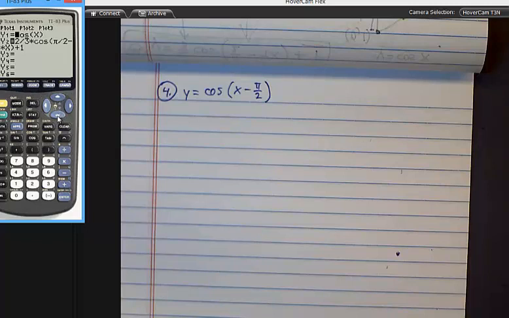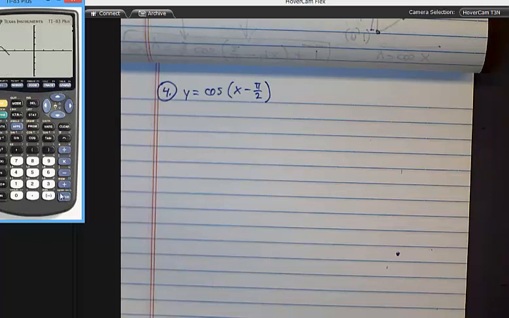There's y equals cosine of x. Let me just type in cosine of x minus pi over 2. Okay. And I want to graph both of them together again so you can see the difference.